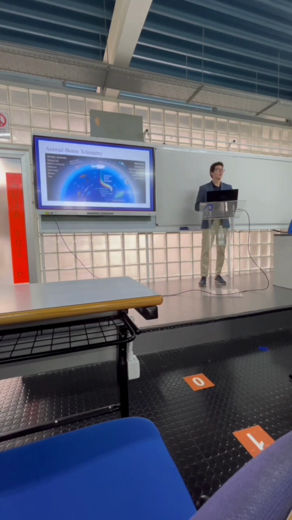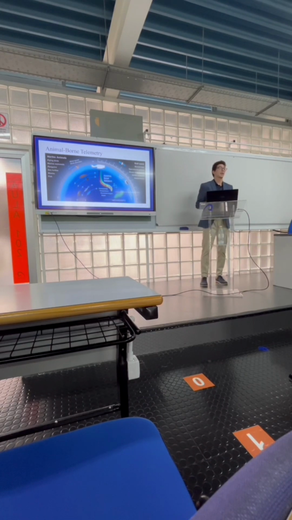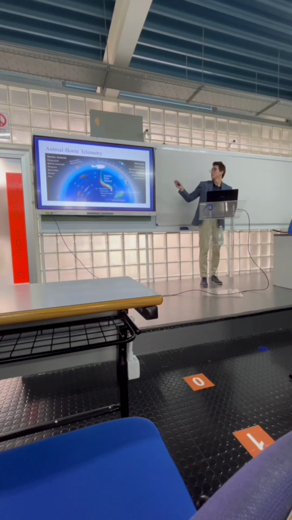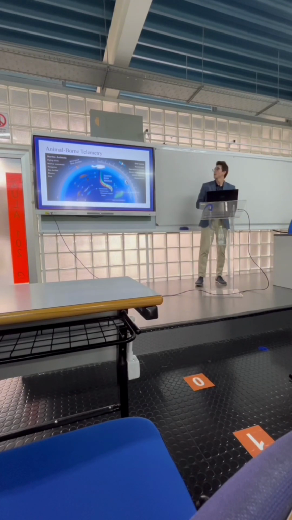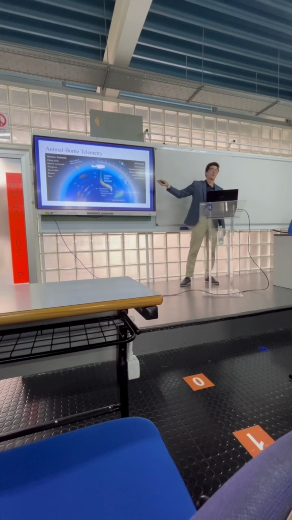The animal-borne telemetry technique is summarized in the following picture, and here we have the different marine animals that we can use, such as flying birds, marine mammals, sharks, penguins, turtles, and fish. Depending on the latitude that we have, we will use different animals.